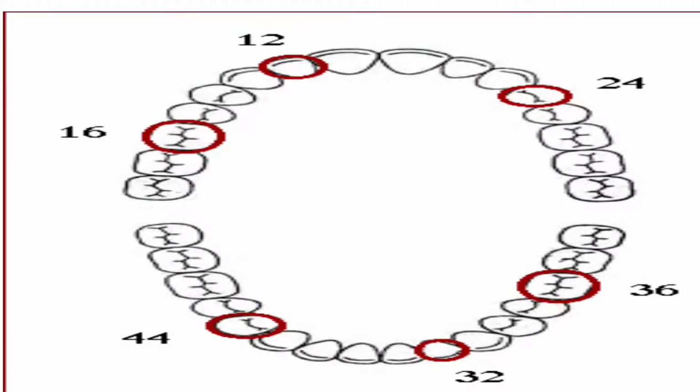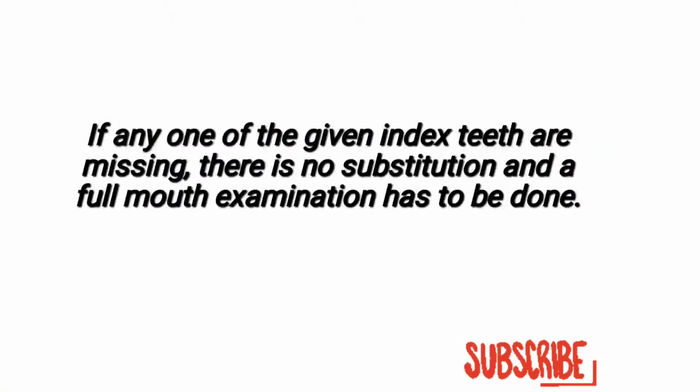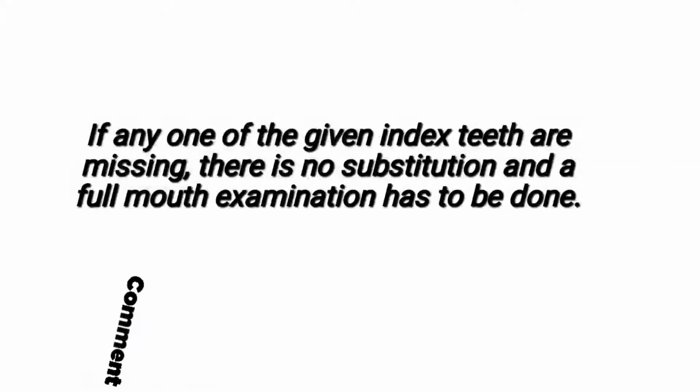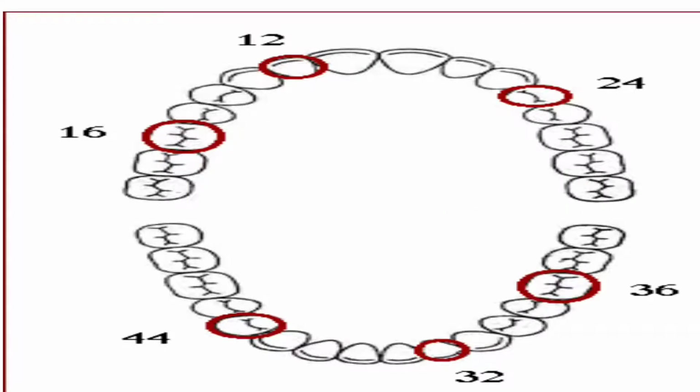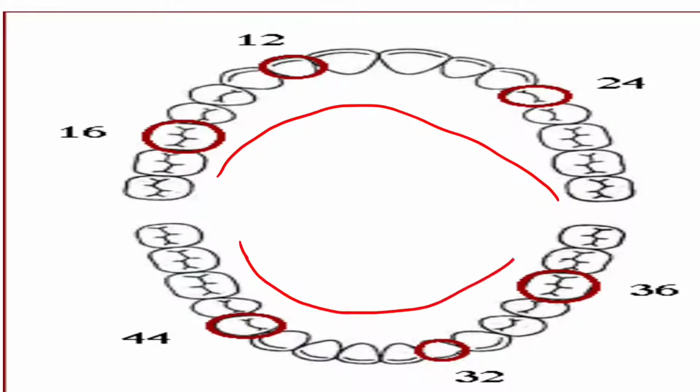Okay. Now, there is only one drawback. If any of the given index teeth are missing, that is 1-6, 1-2, 2-4, 3-6, 3-2 or 4-4, any one of these teeth are missing, then there is no substitution for this and full mouth examination has to be done, which means the teeth marked by red are missing, then one should go for full mouth scoring, that is from maxillary right second molar to the left and mandibular left second to right second molars.